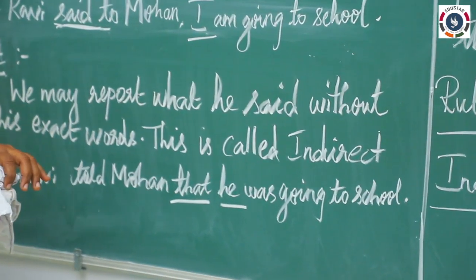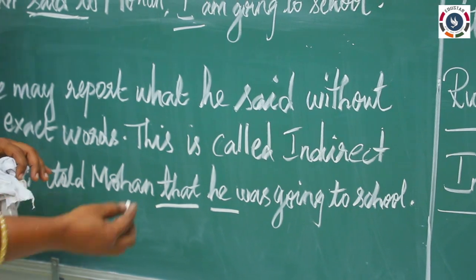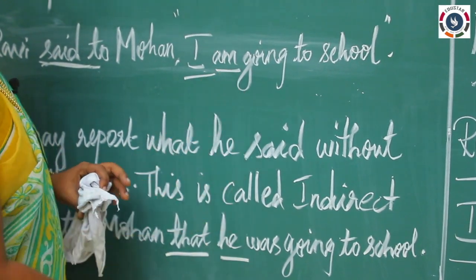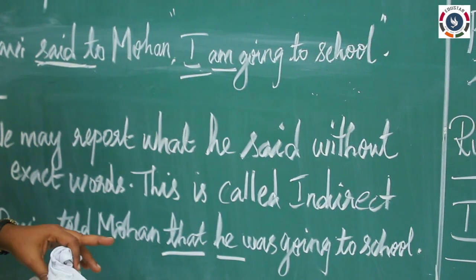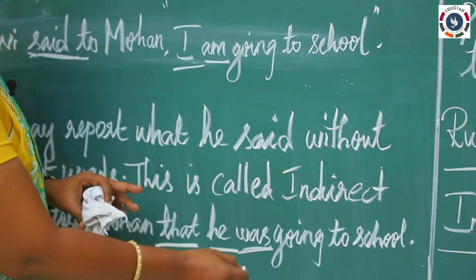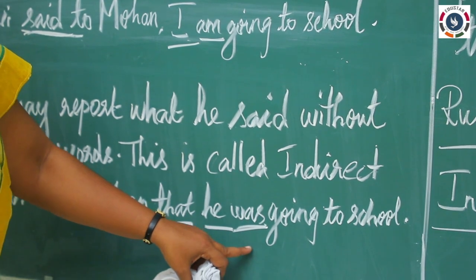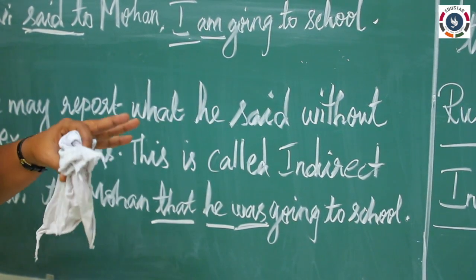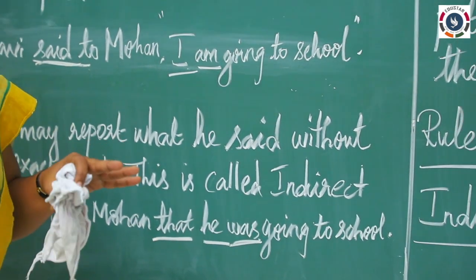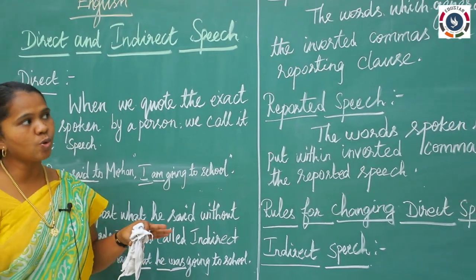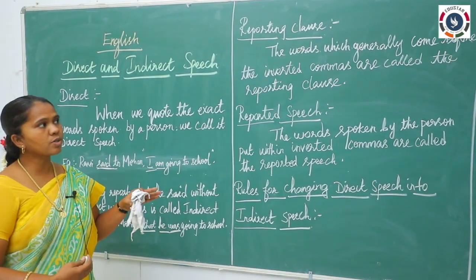And the next one is tense form must be changed. Here am is there, this is present tense, and here was is there, this is past tense. So tense form must be changed. And the next one is time and place concept must be changed. Let me explain you one by one as a rule.